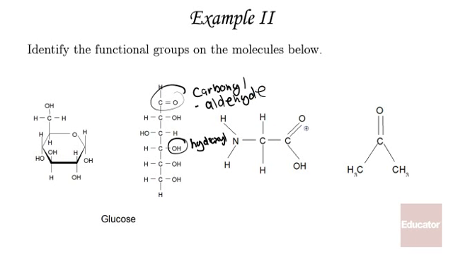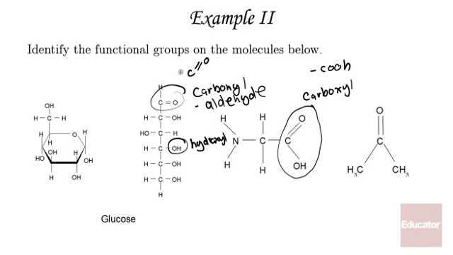Over here, I have COOH right here. So this group is a carboxyl. The carbonyl is C double bond O. So I've identified hydroxyl, carbonyl, carboxyl, and then I have an NH2 here.